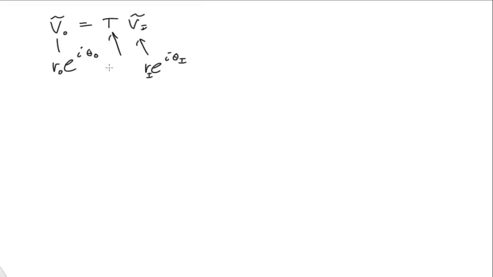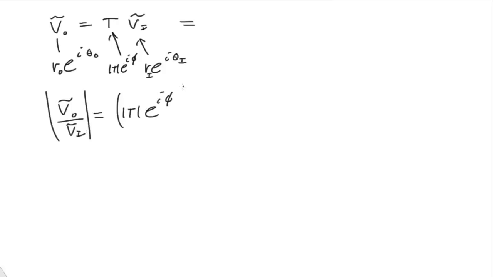It's going to be the magnitude of T e to the i phi. All right, in which case, if we take V out over V in, all with tildes, then we know that this has to be the magnitude of T e to the i phi. Of course, when we take the magnitude of both of these things, this part goes away. But what we really want to study then is what this is. And we know we can get that from taking the principal argument of T.